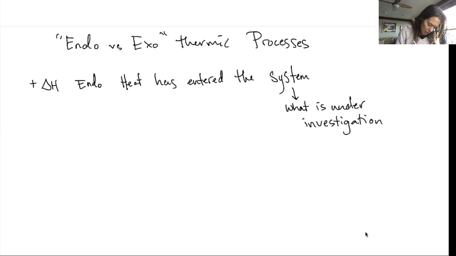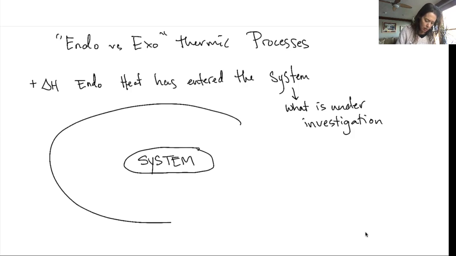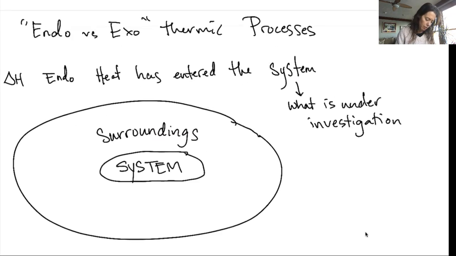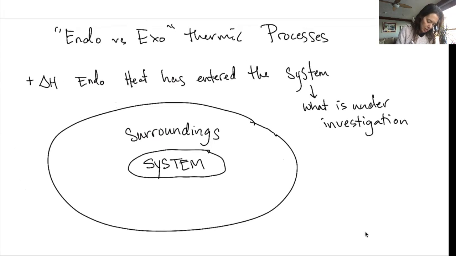So what we have here is the system, which is what we are concerned with, and around it, we have the surroundings. When we talk about thermochem, definitely think about it in this way. So in an endothermic reaction, heat has left the surroundings and entered the system.